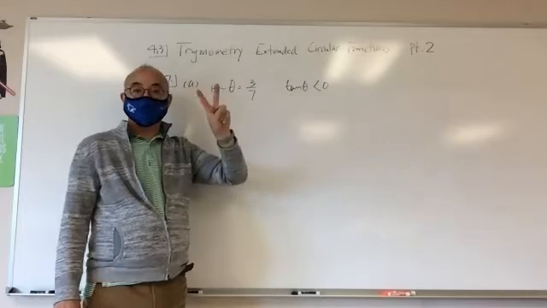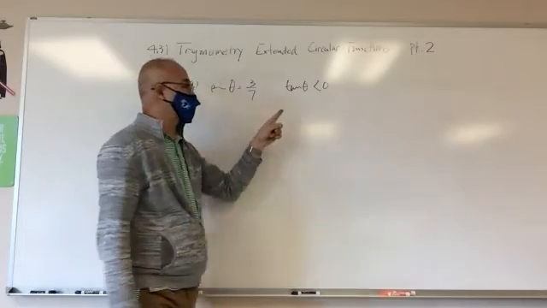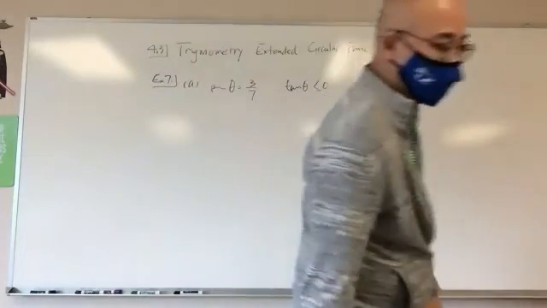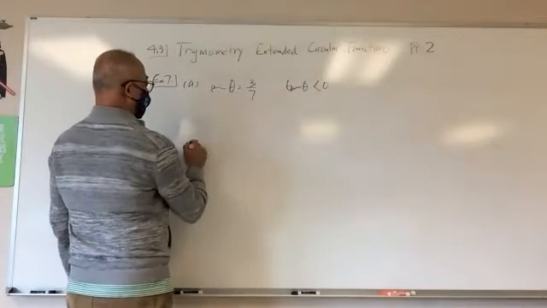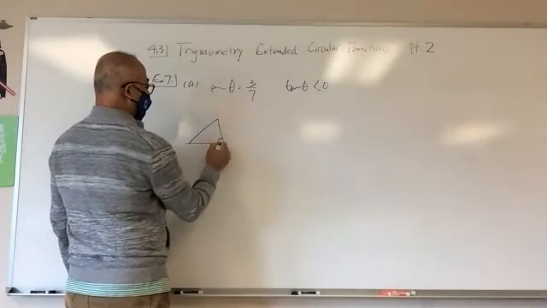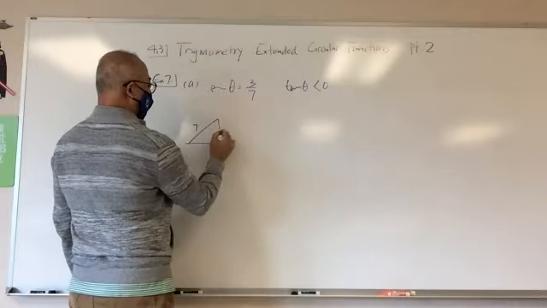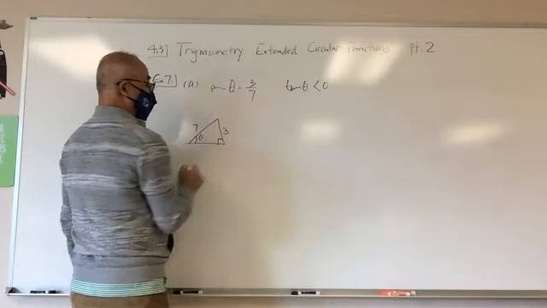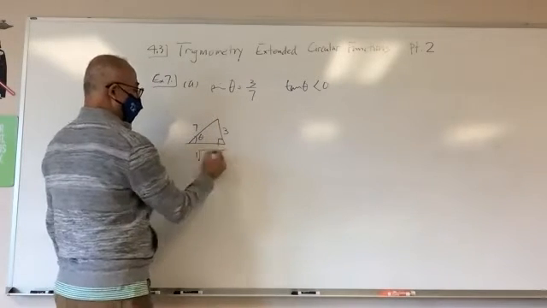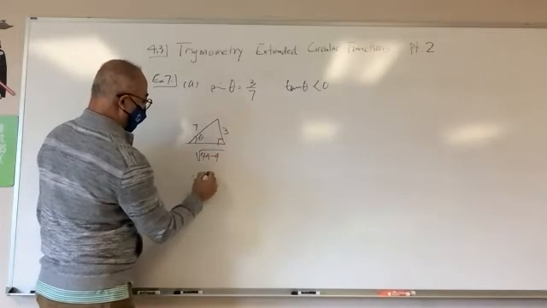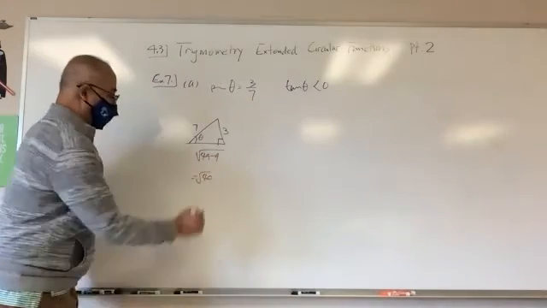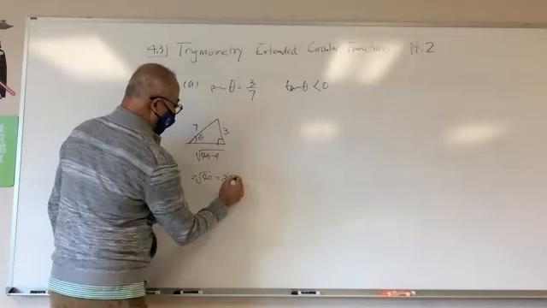So it must be quadrant number 2, and we're supposed to find the cosine and the tangent. Basically it's the 7 and 3, and this side would be 49 minus 9, 40, which is 2 root 10.